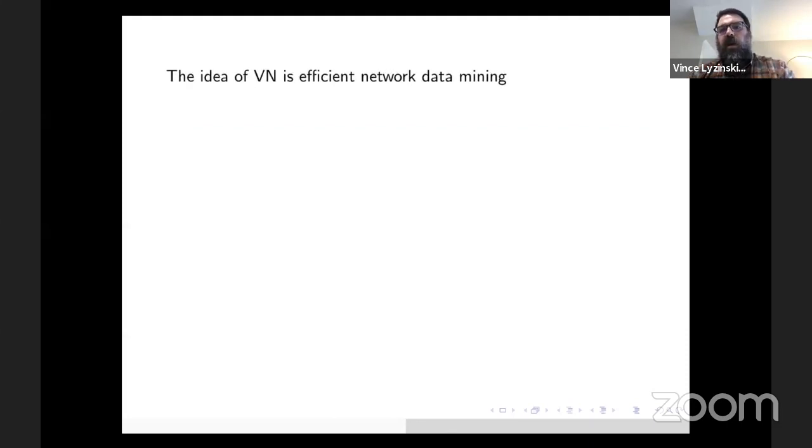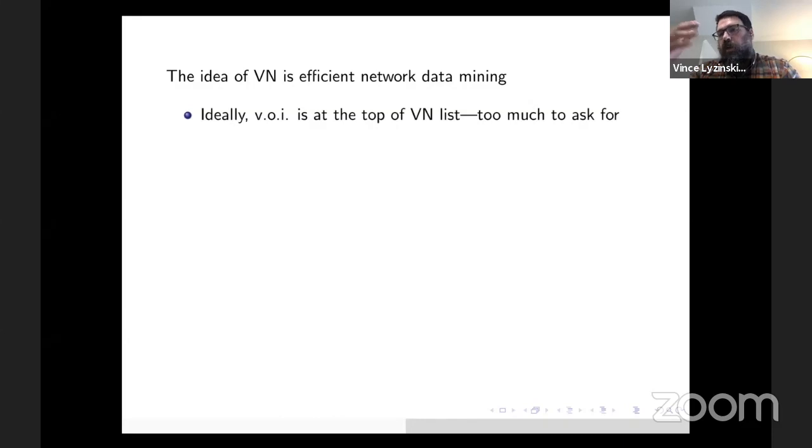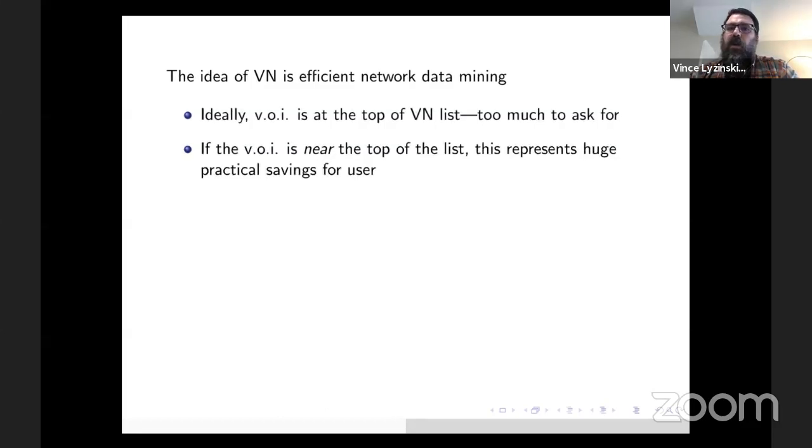Since the idea of this framework is efficient network data mining, it makes sense that, in a perfect world, the interesting vertices you're looking for would fall immediately at the top of your rank list, but this is too much to ask for. So if the vertices of interest are near the top of your rank list, that's a huge win. If there are tens of thousands of vertices in your network and you can find a few vertices in the top 10 of your rank list, that's a huge win in terms of network data mining.